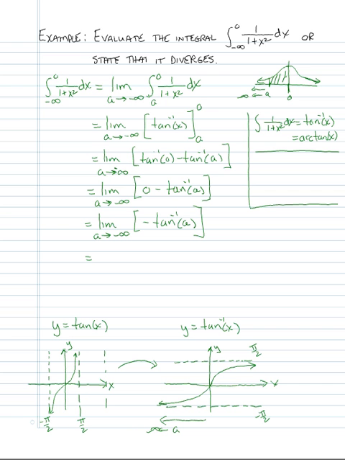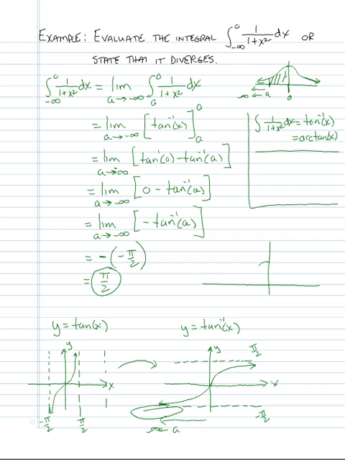So the limit of the negative of the inverse tangent of A as A approaches negative infinity is the negative of negative pi over 2. Because that's the value of Y that the graph is getting closer and closer to down here, isn't it? And so that result, of course, is positive pi over 2. So if you know this geometric representation, we'll throw this back to what we were doing.